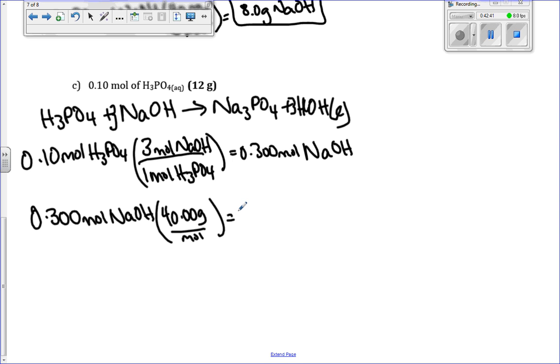And we get, cheat sheet says, we get 12 grams.